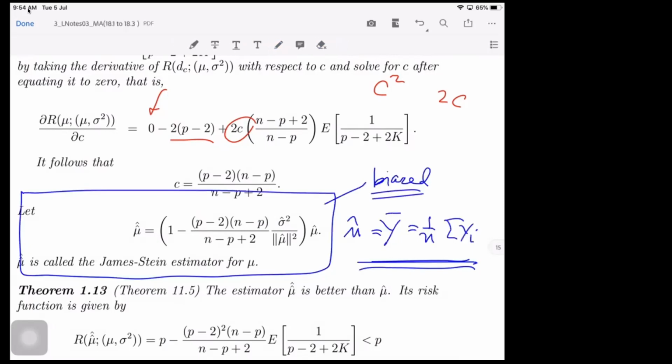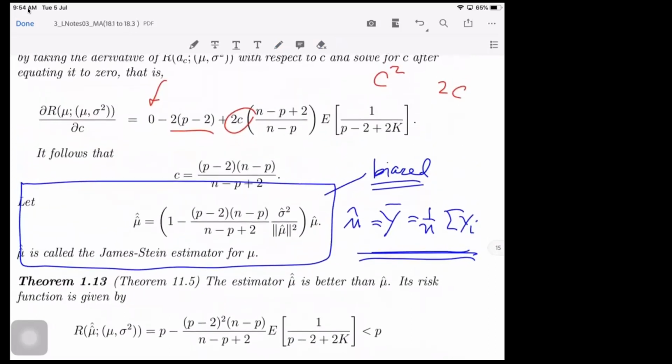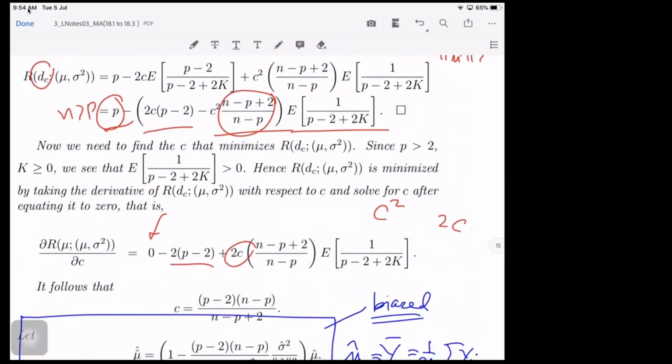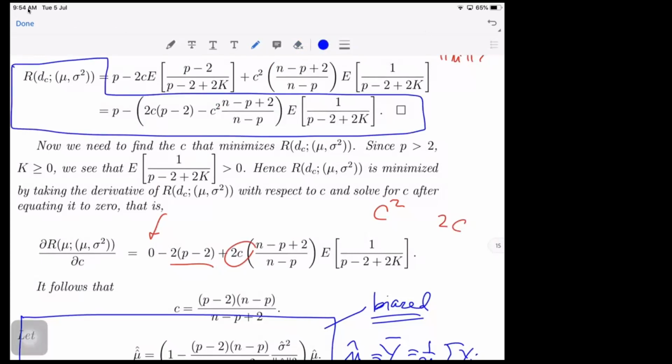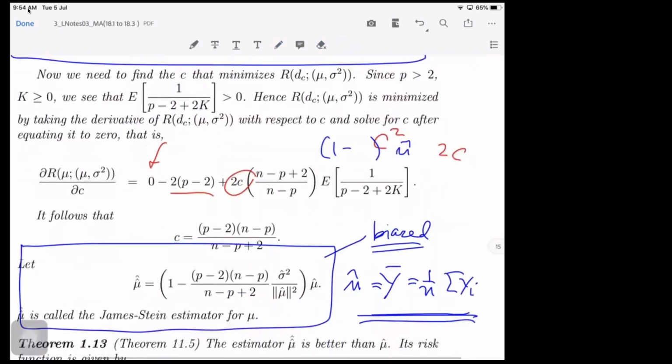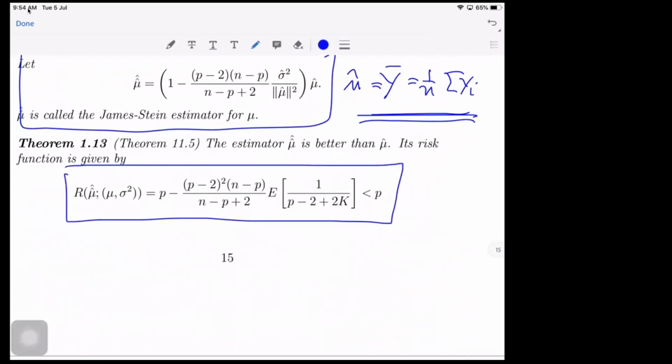And the risk associated with this will be equal to, upon substitution into this general formula, the general formula if we use an estimator of the form 1 minus something times mu hat. Once we get the C for that, this is the risk associated when using your James-Stein estimator.